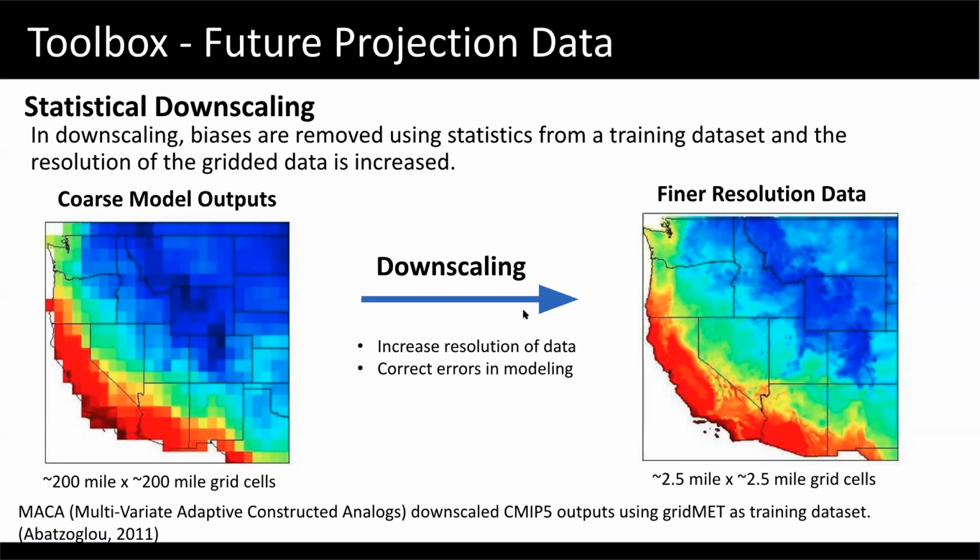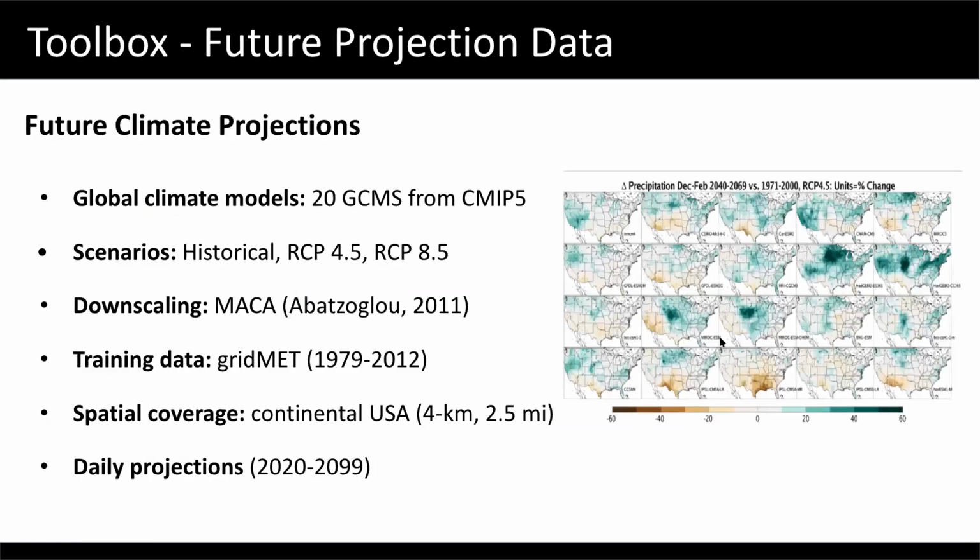Basically we do a fancy interpolation of the coarse grid cells to a much finer resolution, which utilizes the distribution of temperatures seen on past 2.5 mile grid cells, and we get this as a result. This corrects model biases and also makes a finer resolution data set. So the result for our future climate data is a data set of future climate projections.